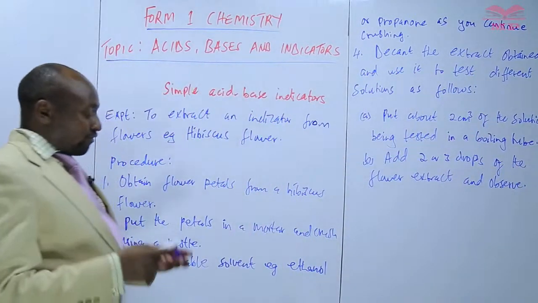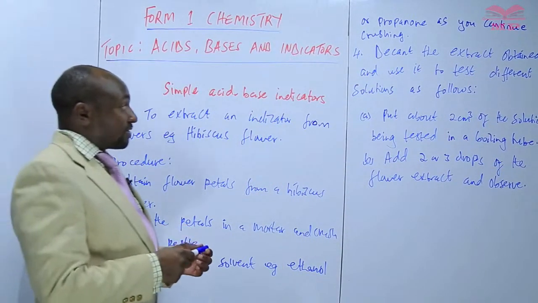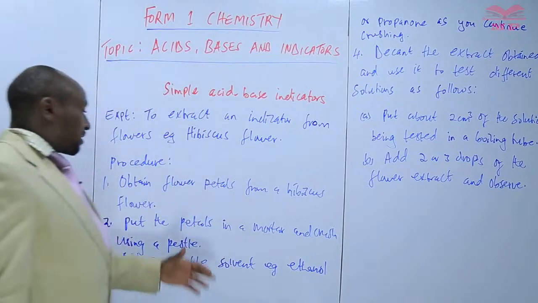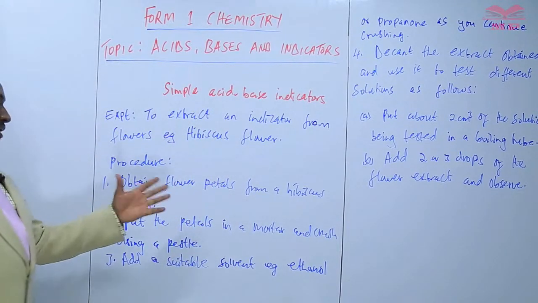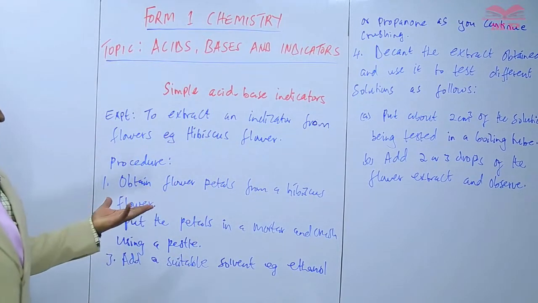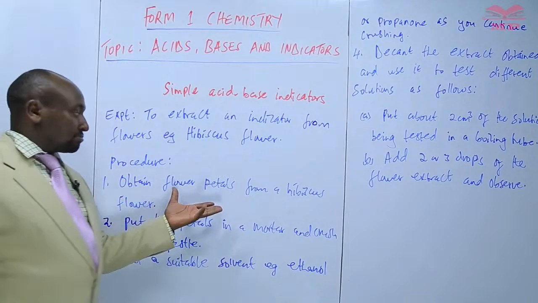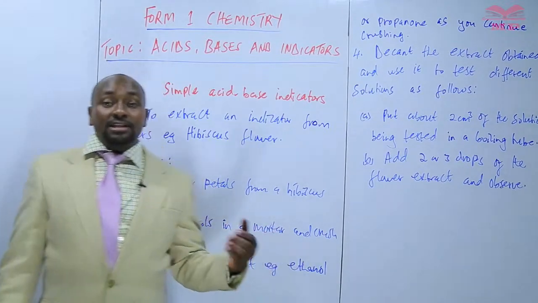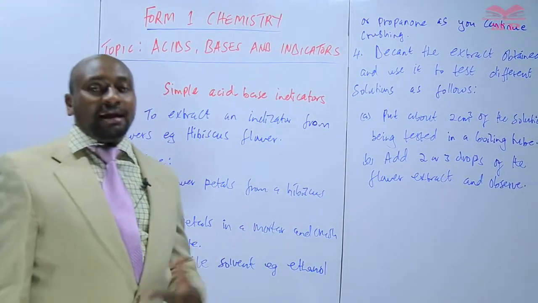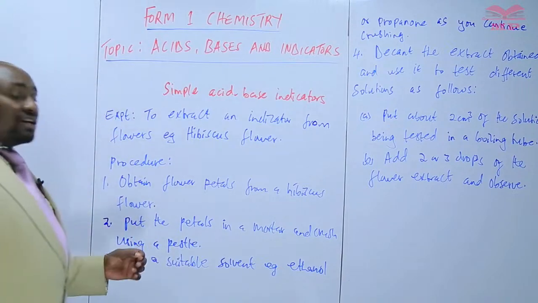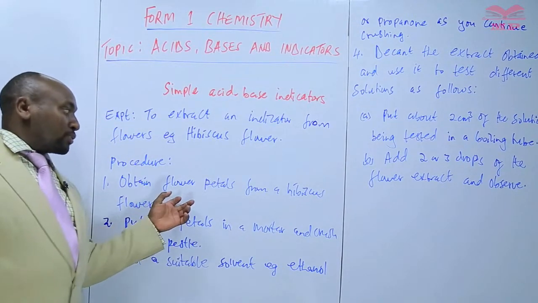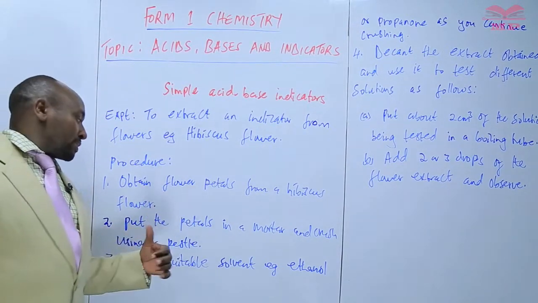So after we have obtained our extract from the flower, of course, following the steps, we obtain the flower petals, e.g. hibiscus. We can use any petals. We can still use even some leaves of something like red cabbage. We can even use beetroot. Those are some of other examples that can be used.